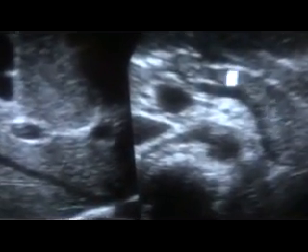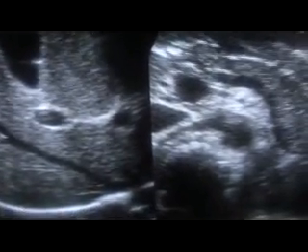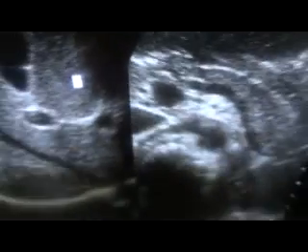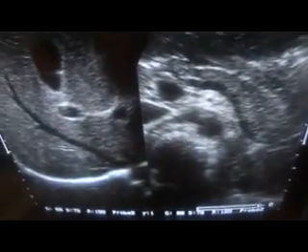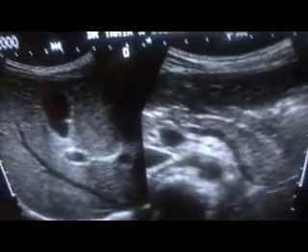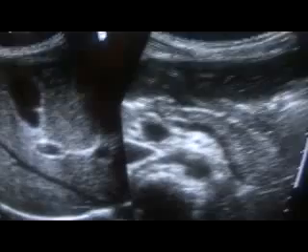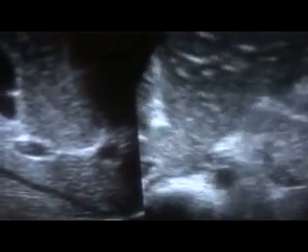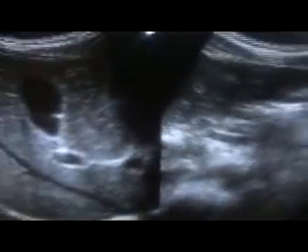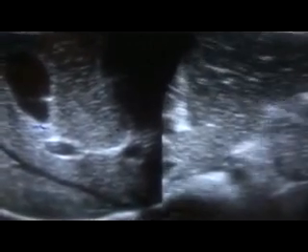It's almost equal to that of the liver. The reason being, the patient is 14 years of age, and the echogenicity of the pancreas varies with age. As the age advances, it becomes more echogenic compared to the liver. This is the pancreas, and this is the liver.